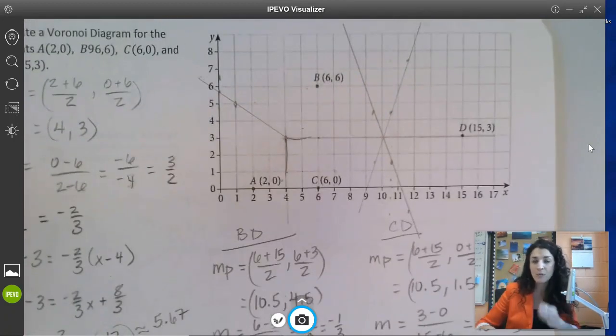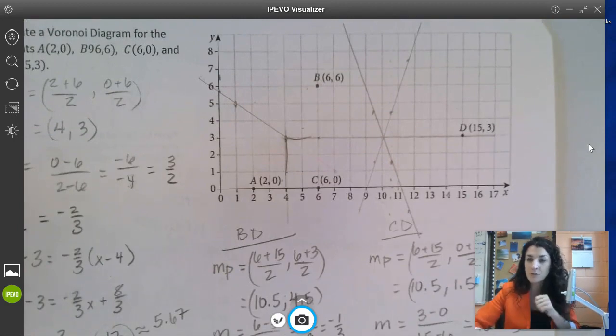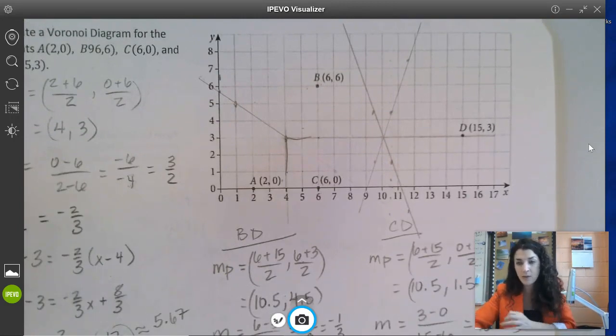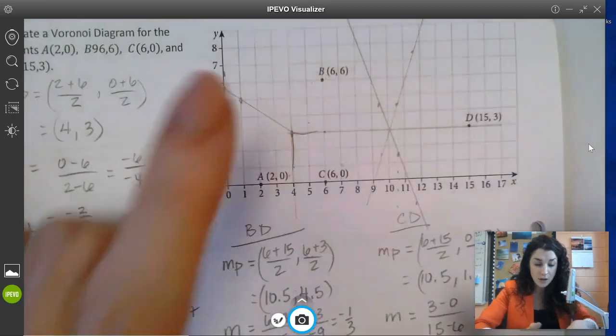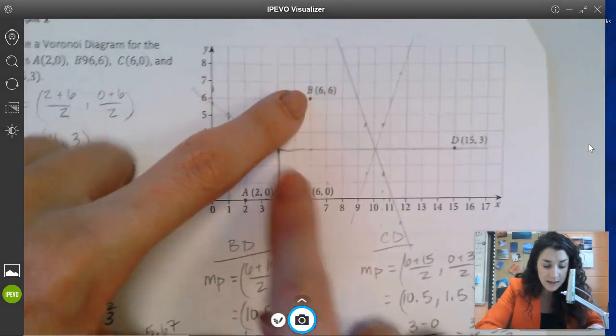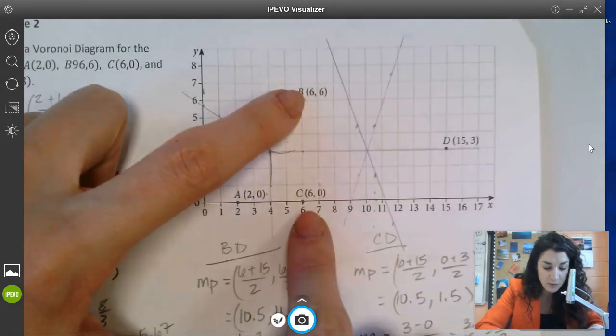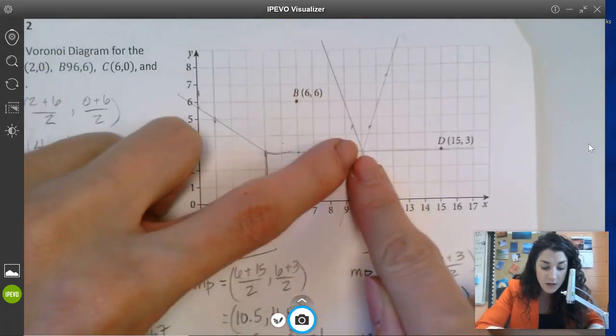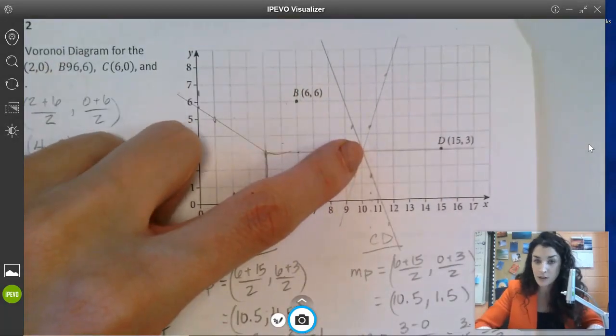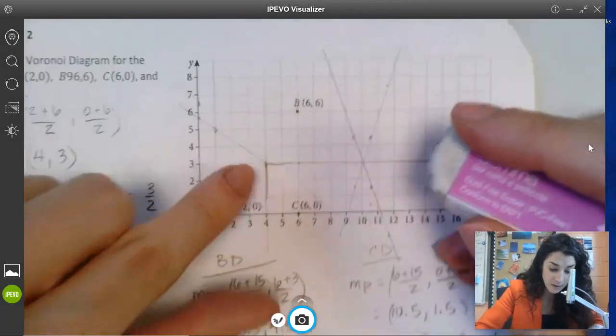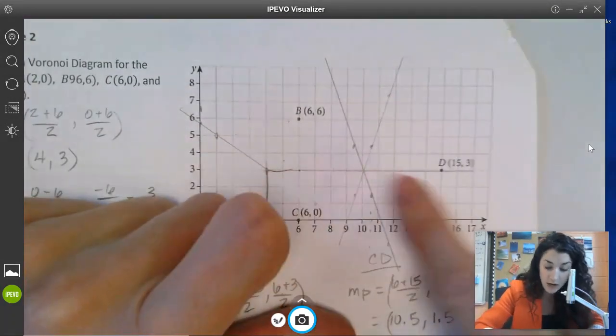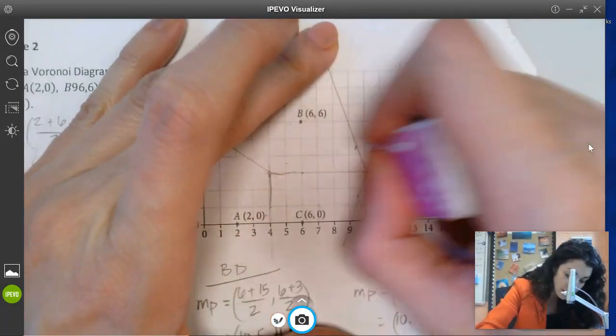So we go back and we spot the perpendicular bisector, and we say, where do we stop caring about this perpendicular bisector? So for instance, between B and C, this is our perpendicular bisector between B and C, and we stop caring about it after the point of concurrency. So we care about it here, but we don't care about it here, so that's where I erase it.